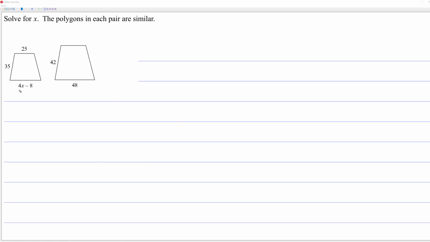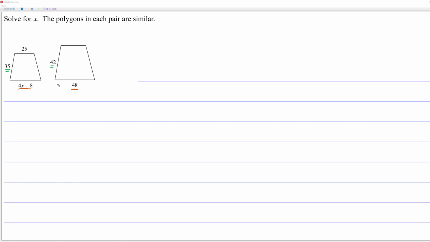Now this is a simple diagram. We can see that the side labeled 4x minus 8 corresponds to the side labeled 48. And then the side labeled 35 corresponds to the side labeled 42. The 25 is irrelevant for this problem. So all we do is write down a proportion equation.